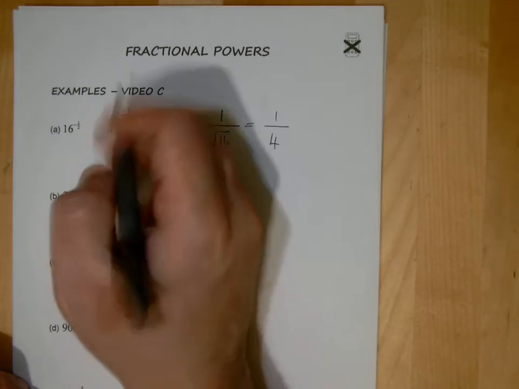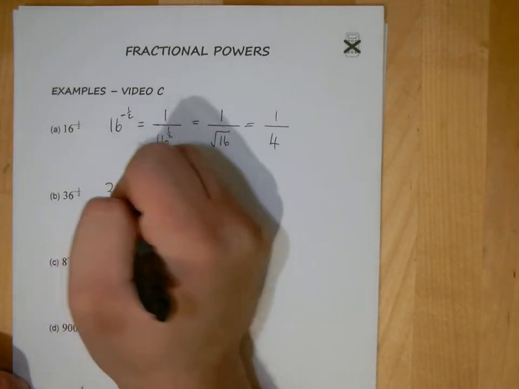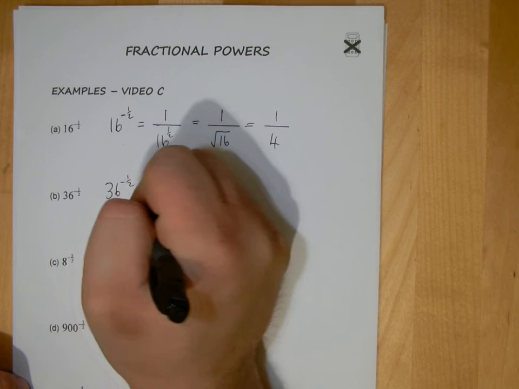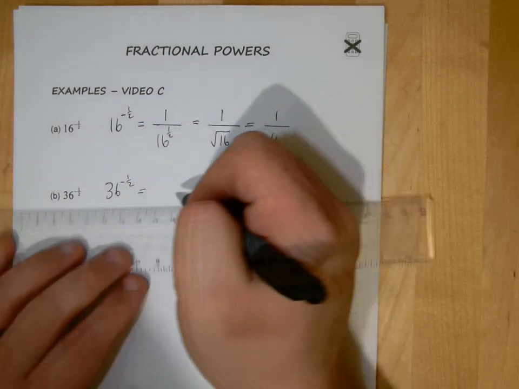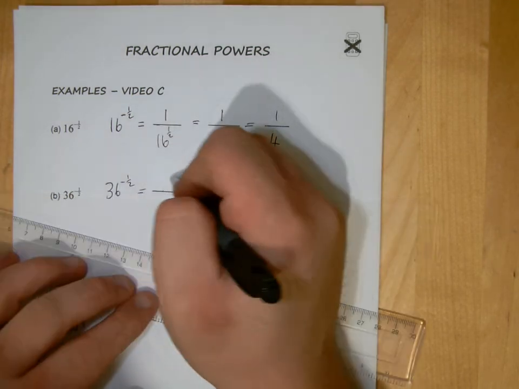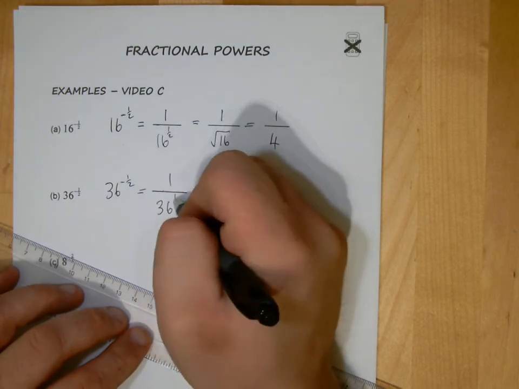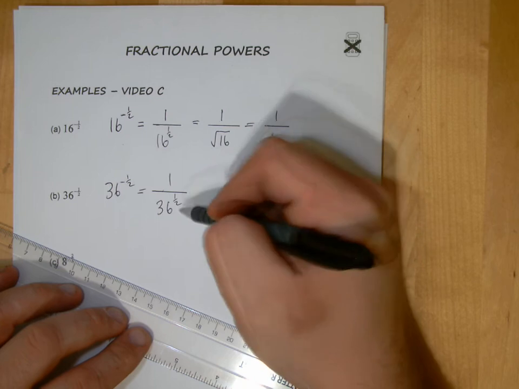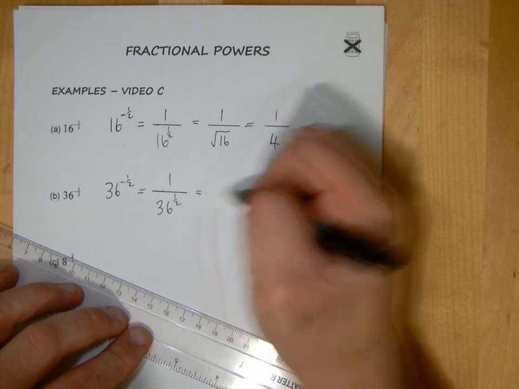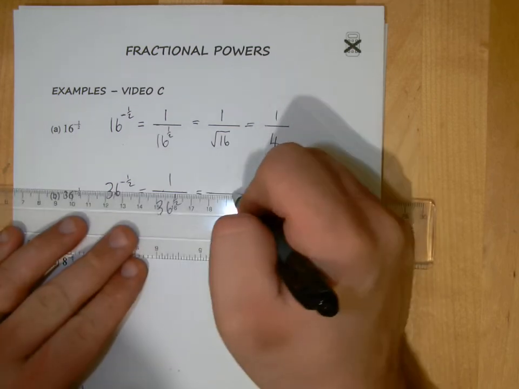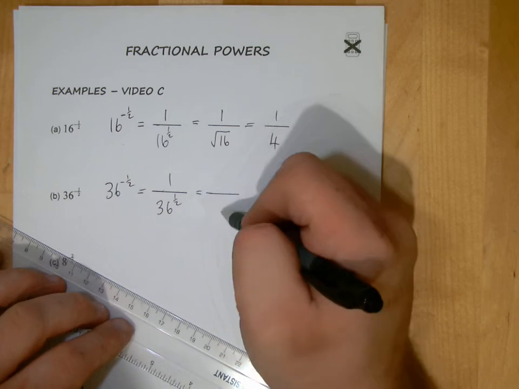Okay, let's look at the second example. 36 to the power negative half. Because the power is minus, rewrite it as 1 over. You always do this, it's always 1 over. In this case, 1 over 36 to the power positive half. Just like before, when you've got the power positive half, that just means square root.